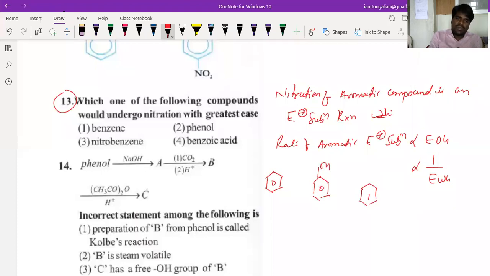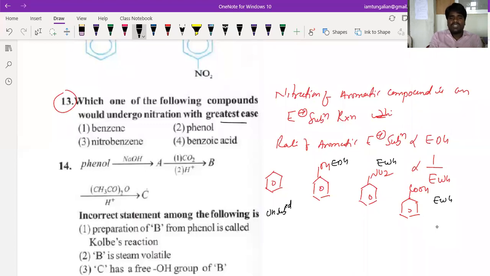Option C is given nitrobenzene, beta. And option D is given benzoic acid. So if you look here, this is unsubstituted, neither electron donating nor withdrawing. This is electron donating, beta. This is electron withdrawing, and this is also electron withdrawing. So which will undergo nitration with greatest ease, meaning which will undergo nitration readily, beta? Can you tell me the answer? Which will undergo nitration readily, beta?